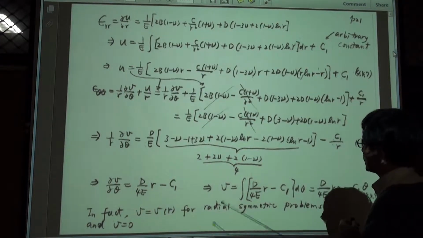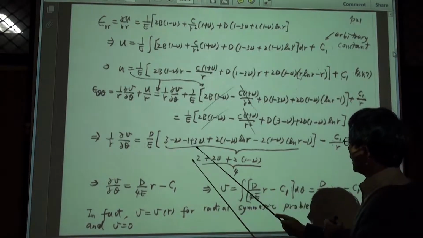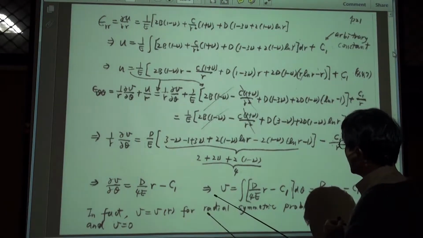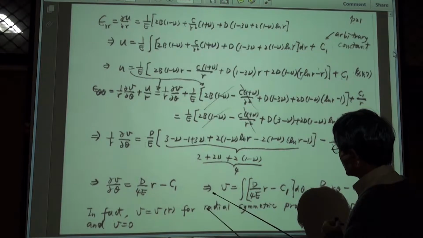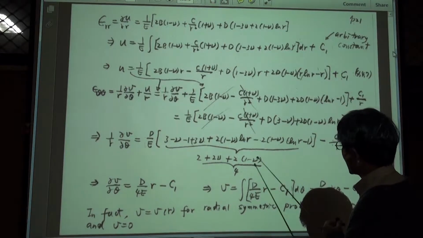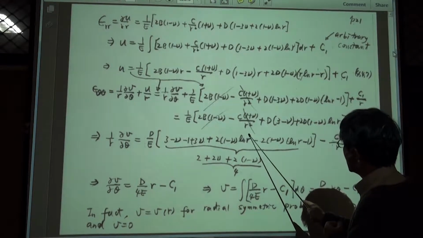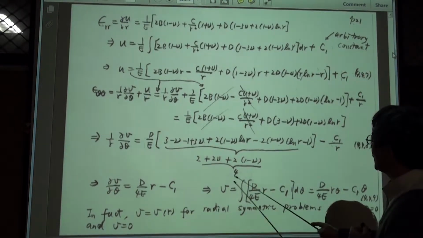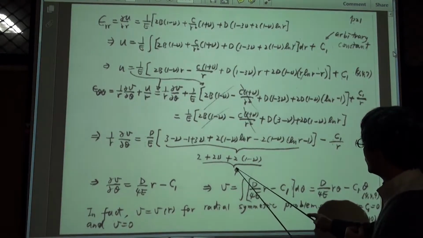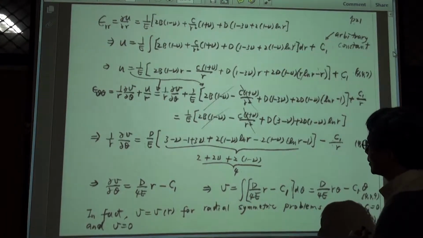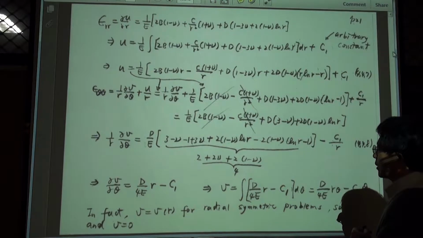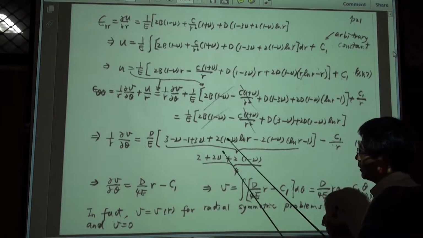Once we do this, we can simplify the result further. We cancel out this part and this part to get this one, and finally we end up with a constant 4 here. So the result is quite neat, quite clean, quite simple.